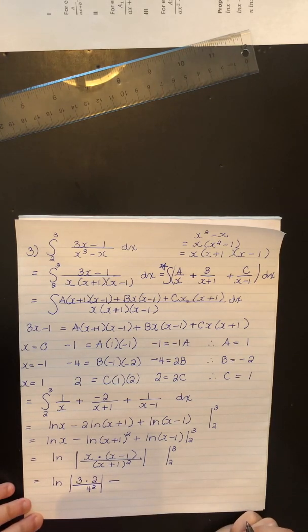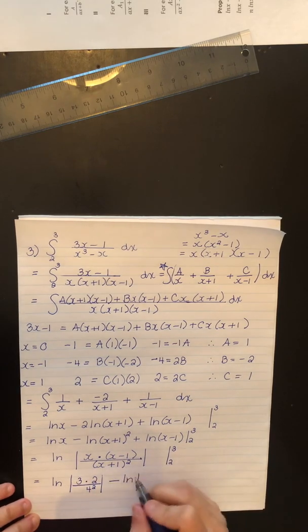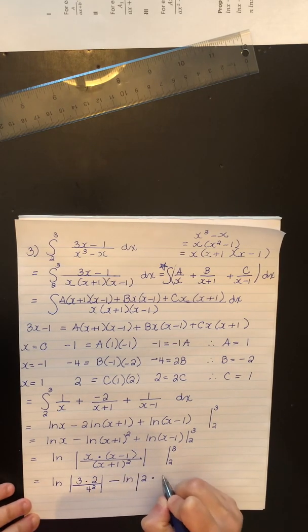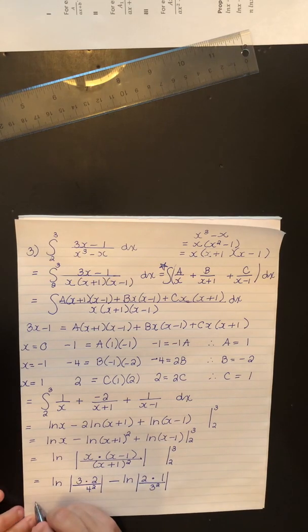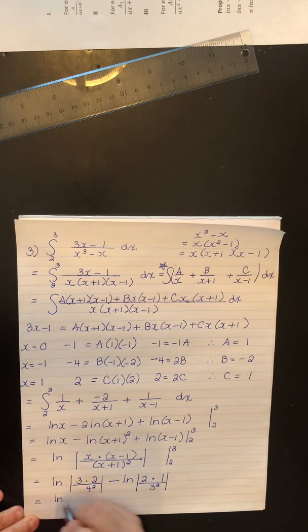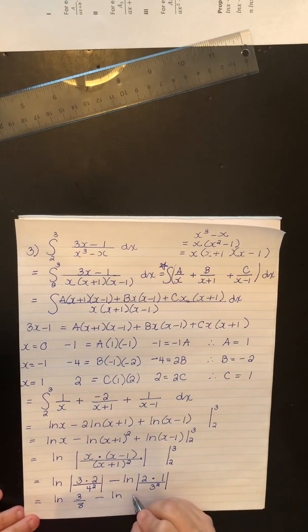Minus, because it's upper limit minus lower limit. Now we substitute 2. 2 times 1 over 3 squared. Or, in other words, what do we have? We have the ln of 6 over 16, which is the same as 3/8, minus the ln of 2/9.